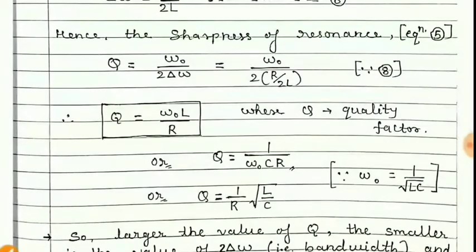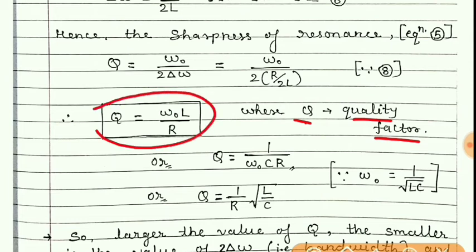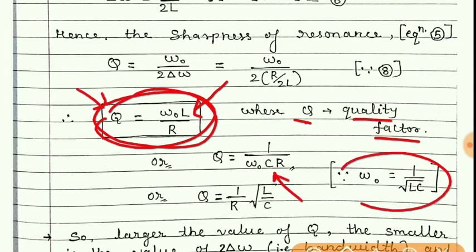Once again, what is Q? Q is a quality factor. Here this formula is in terms of L. We can get this same formula of Q in terms of C also by just using this condition.